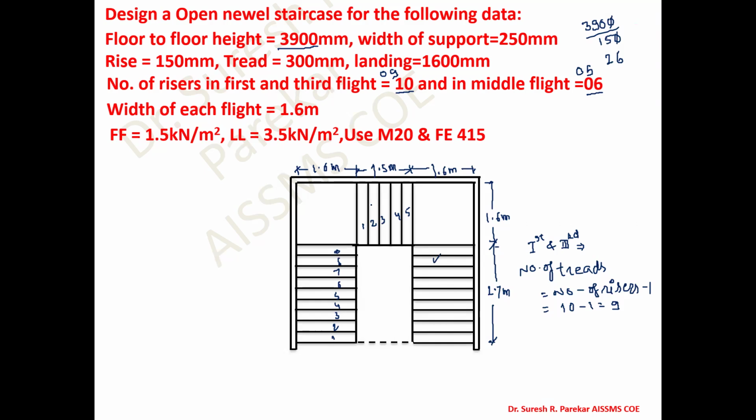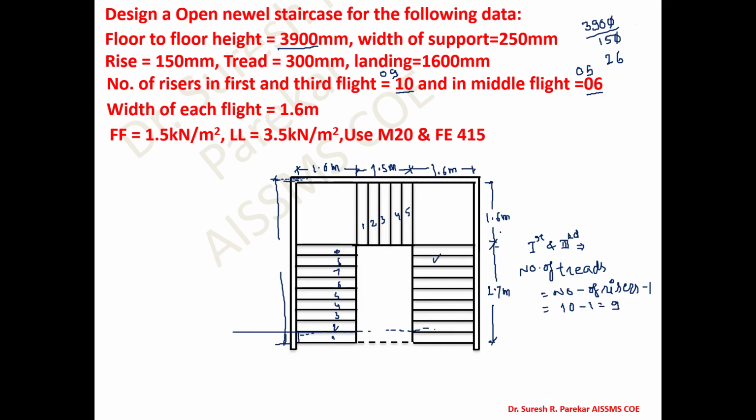Now try to understand, for this first and third flight, the center to center distance. We have from the center until the first step. As they have given that your beam is below the first step, we have the beam somewhere here below the first step, and therefore the effective span is till the center of this beam.